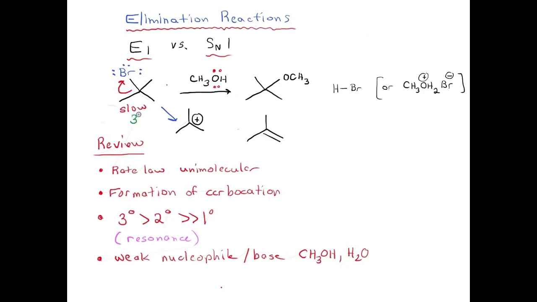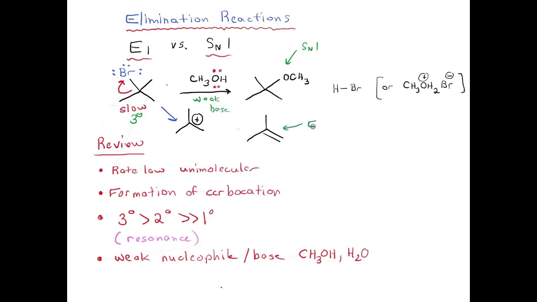A very typical tertiary alkyl halide substrate for E1 and SN1 is tertiary, and we also have a weak base or nucleophile, and our product is an SN1 product with the carbon-bromine bond broken.